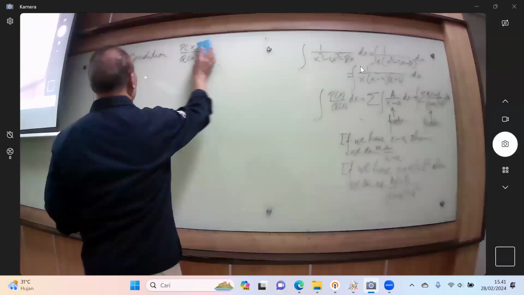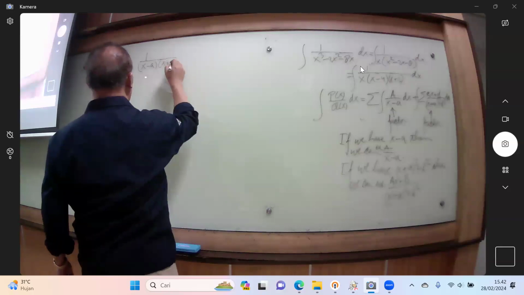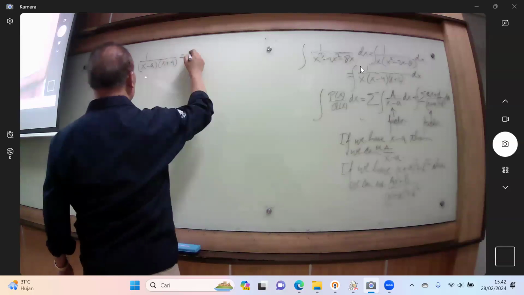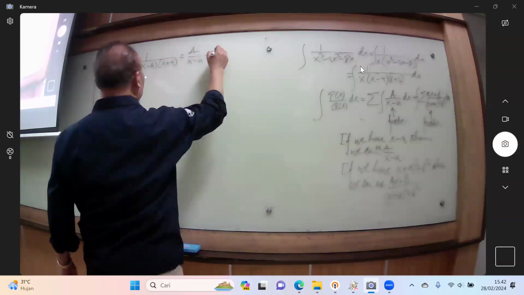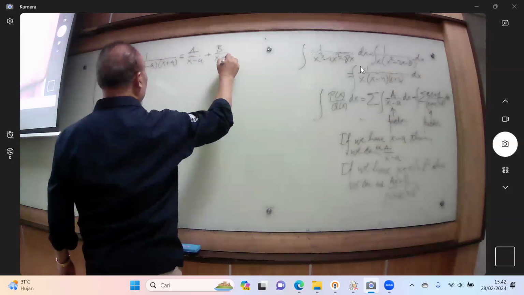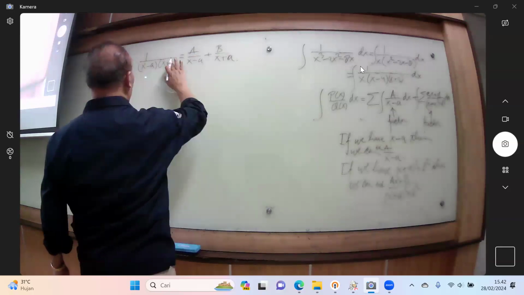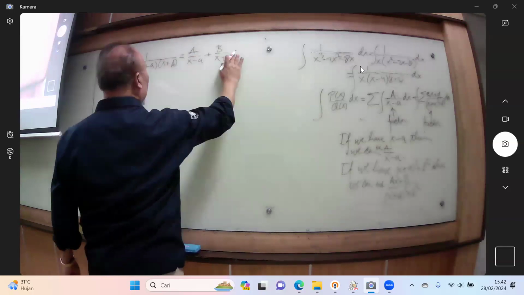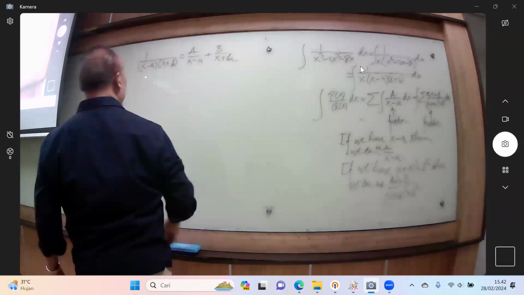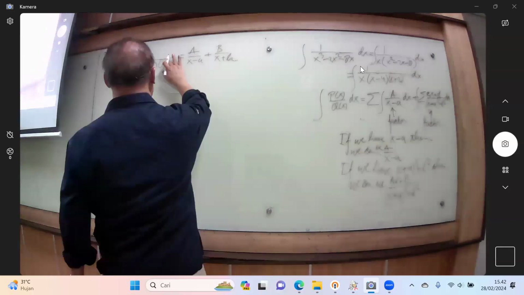However, for example, if we have 1 over (x minus a)(x plus a), then we can change it to a divided by x minus a plus b divided by x plus a, or sorry, it's b over x minus b.